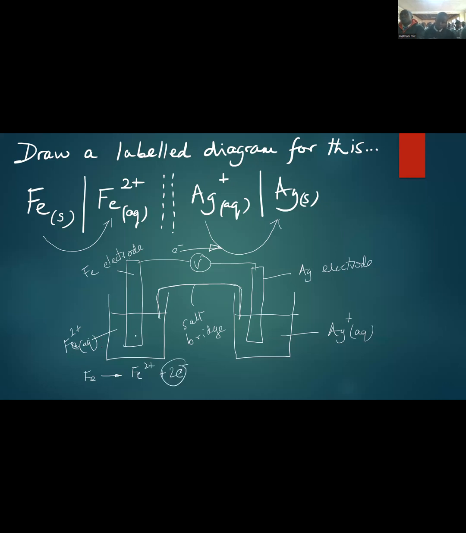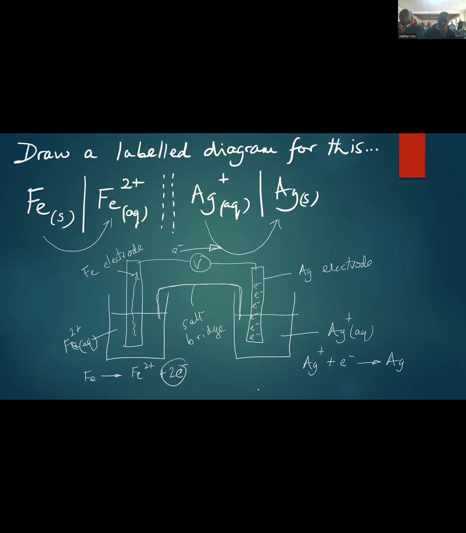And these electrons go up here, through the wire, through the voltmeter, down the wire, into here. So they fill up this electrode here. And what happens here is that the Ag+ picks up an electron and turns into Ag.